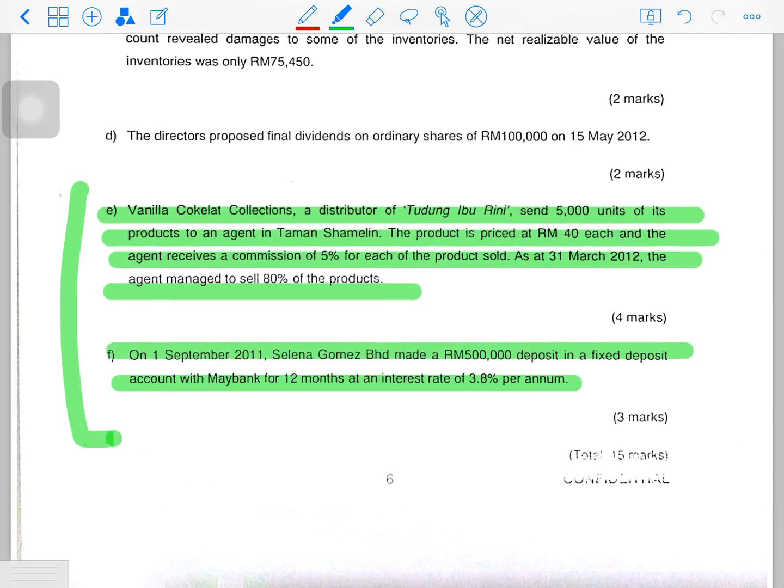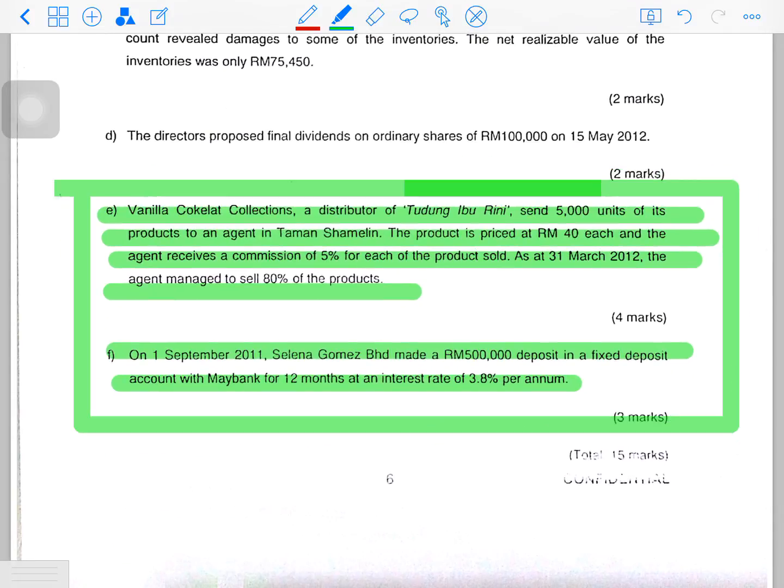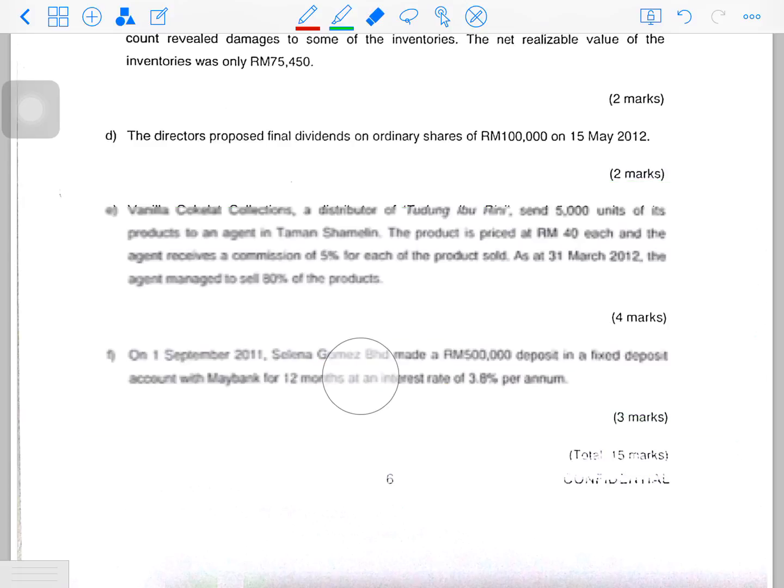Here another question on revenue recognition. Okay, revenue recognition. Vanilla Chocolate Collection, a distributor of Tudung Ibu Rini, sent 5,000 units. So here Ibu Rini Vanilla Chocolate ni, dia ada hantar 5,000 units to an agent in Taman Syamilin.